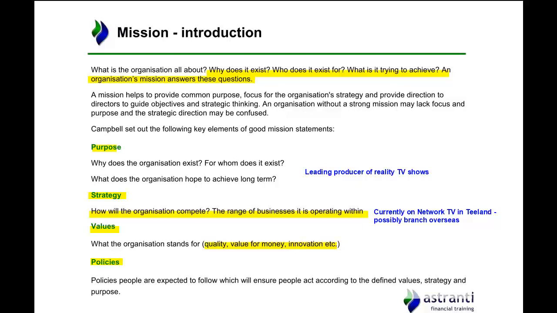But value for money could be one that is relevant both for the company themselves and also for the networks. Now, the networks will want to purchase a show that is relatively cost effective to make, or at least cost effective in terms of the ad revenue that it's going to receive for it.